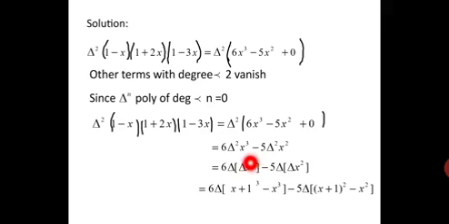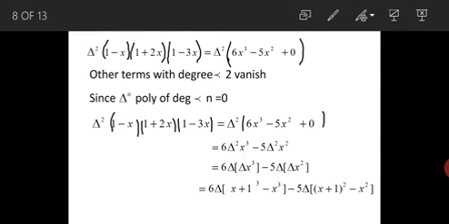We know that delta means f of x plus h, right? Here there should be a bracket. Just wait, I will put a bracket here, right? Okay, so now delta means what? Delta of f of x. I am writing it here.